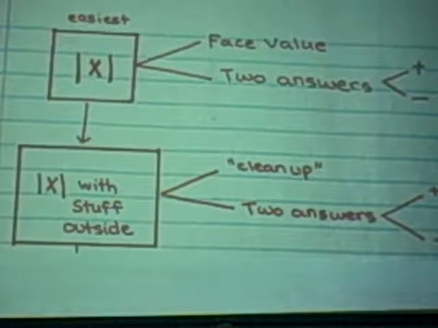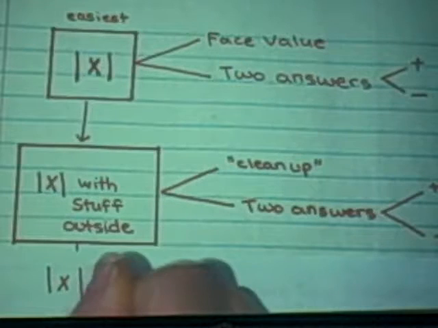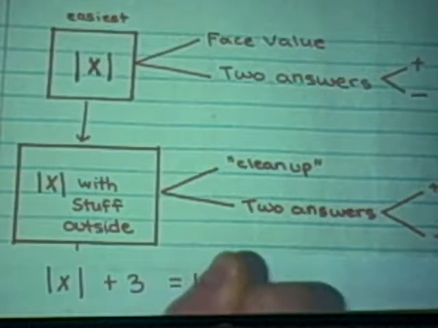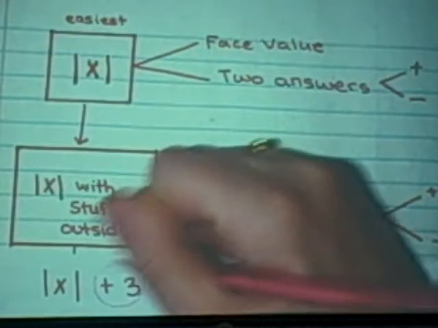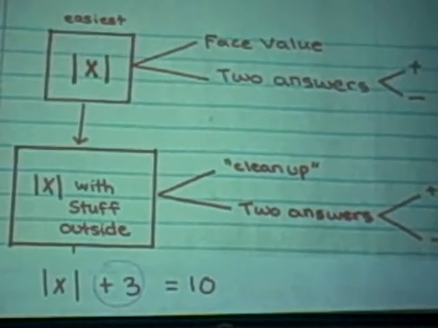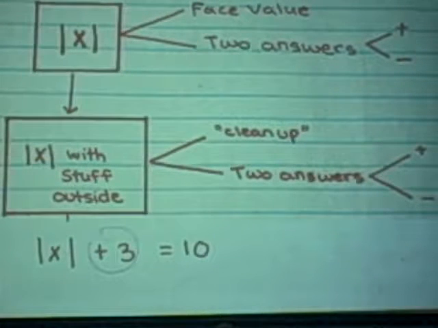Let's look at the next type. Now it says the absolute value was stuffed outside. And what I mean by that is something like this, where the stuff is outside of the absolute value mark. Okay? The first step is you clean it up or get rid of that stuff outside.